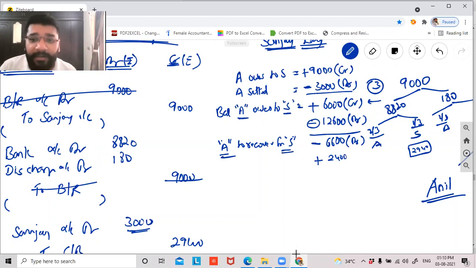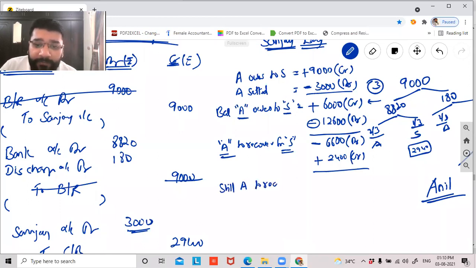Guys, A has to recover from S, which means S has to pay A 6,600. Out of 6,600, only 2,400 is paid. What is the balance that is still recoverable? Still, A has to recover from S how much? 4,200? 4,500? No. 4,200?